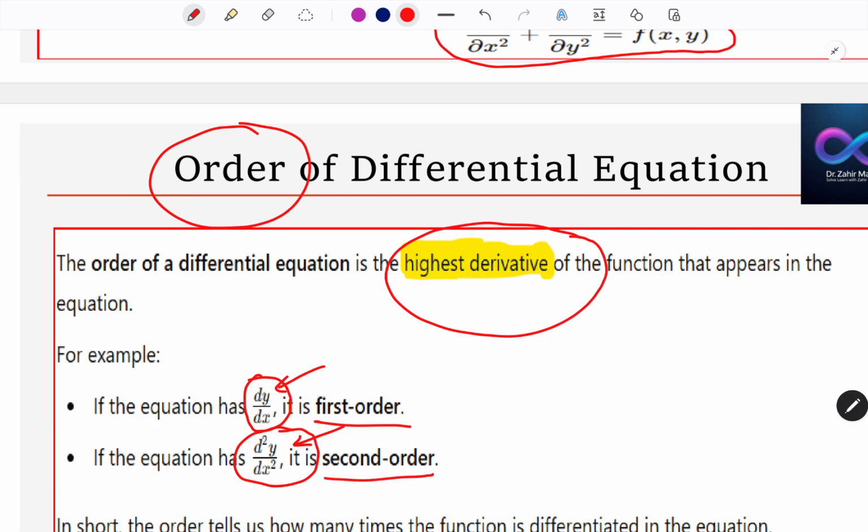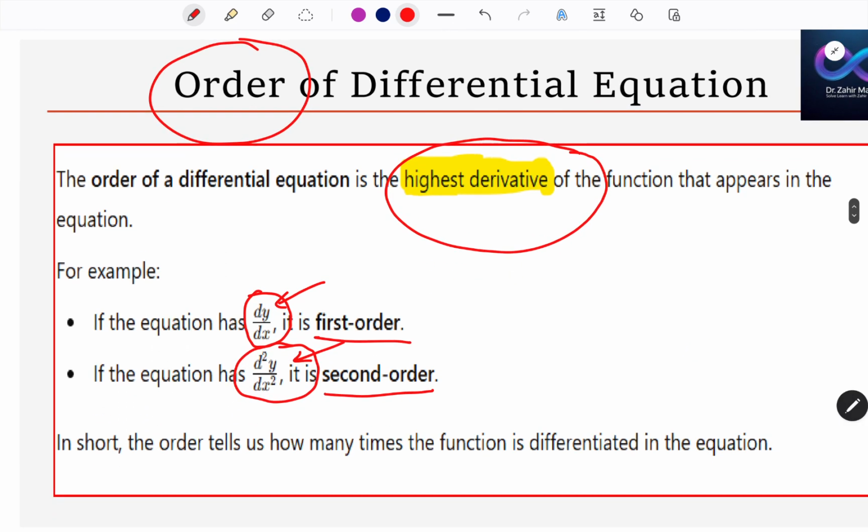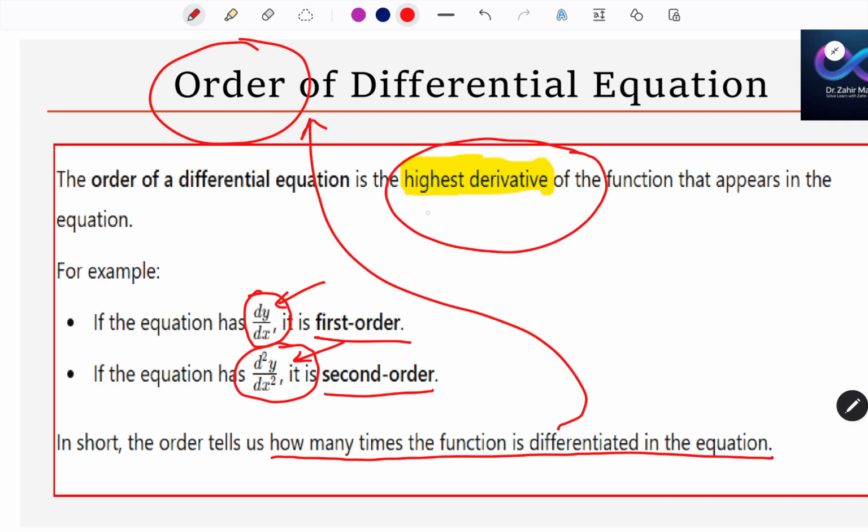So this is the meaning of order of a differential equation. In short, how many times the function is differentiated in the equation is called the order of a differential equation. Or you can simply remember the highest derivative in the equation is called the order of the differential equation.